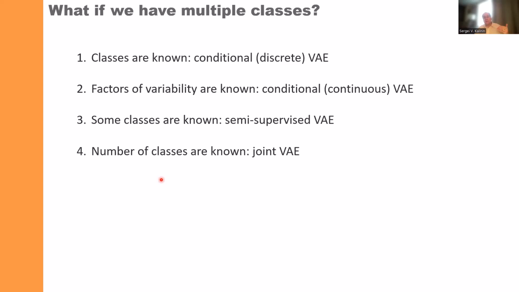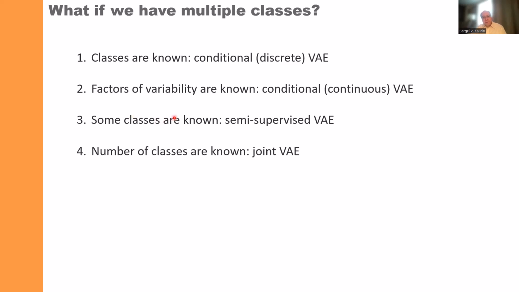That means the class label is known, which basically means that we can create a latent space for each class. And it also means that we disentangle representation of the data for each class separately, but in the same sense. So the latent variables will have the same meaning for all the classes.